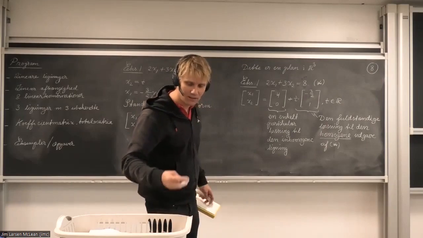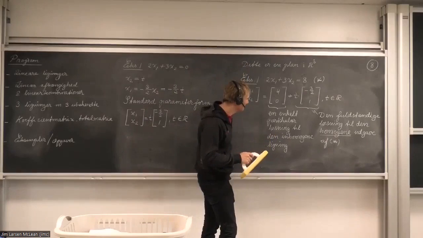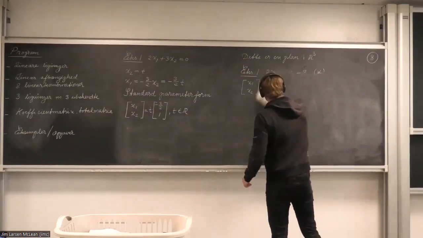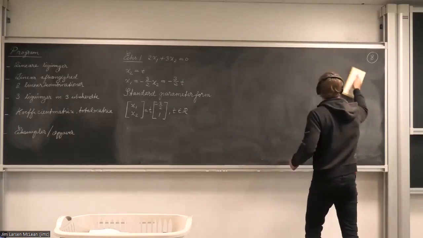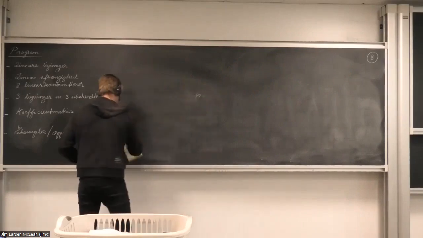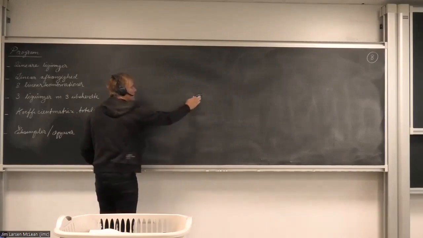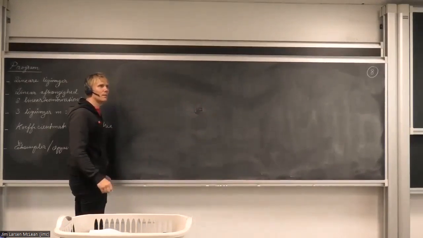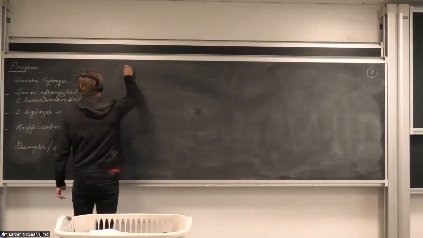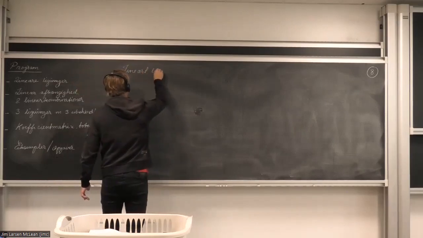Okay, I will be cool and stick around a bit longer, right? Okay, so if you're at an oral exam and you're asked to characterize a linear equation system, what does that mean? What is a linear equation system?